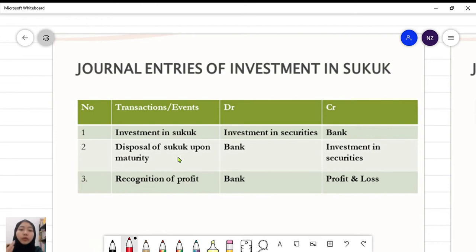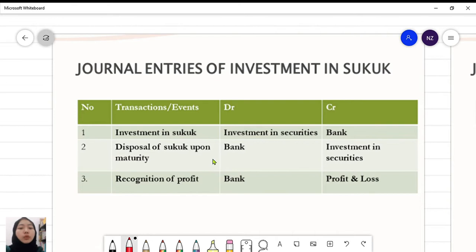So when we dispose of the sukuk, we sell the bond back and we get money. So we debit our bank account here, and because we no longer have this sukuk account in our books, we credit the investment in securities account back. That one is the disposals of sukuk.